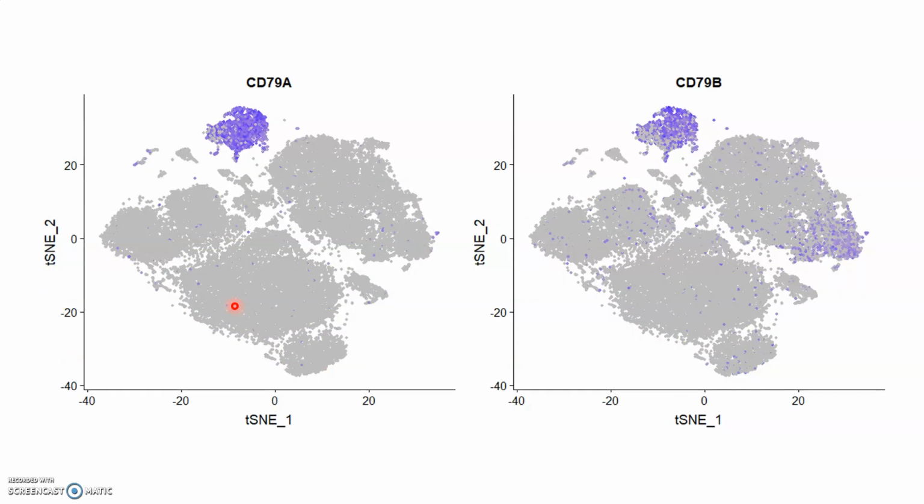We can do similar things with other hallmark genes that indicate what cell type they are. So you see here the expression of CD79A and 79B, which are commonly used as markers for B cells, if you know what those are within the immune cell profile. And we can see that this specific cluster at the top of our diagram here is primarily our B cell population.